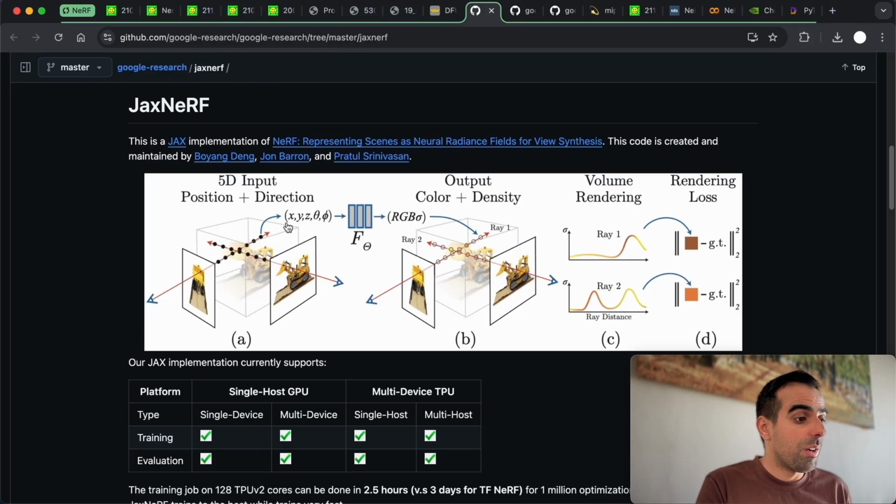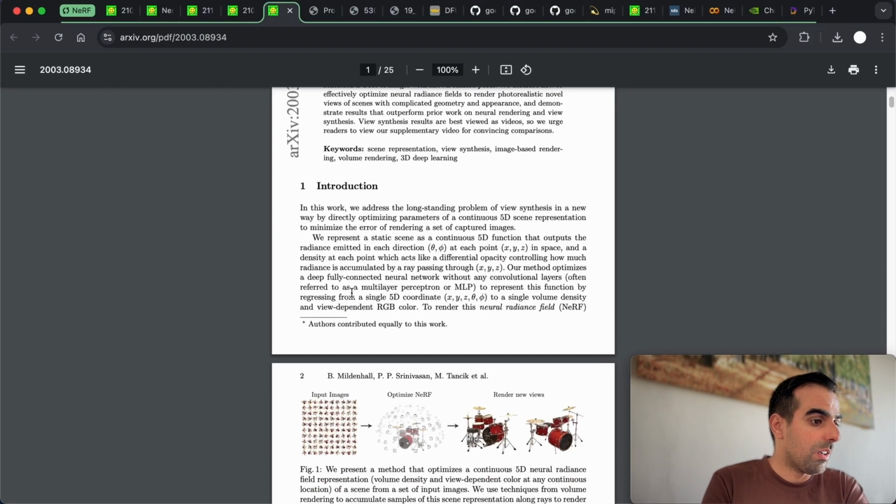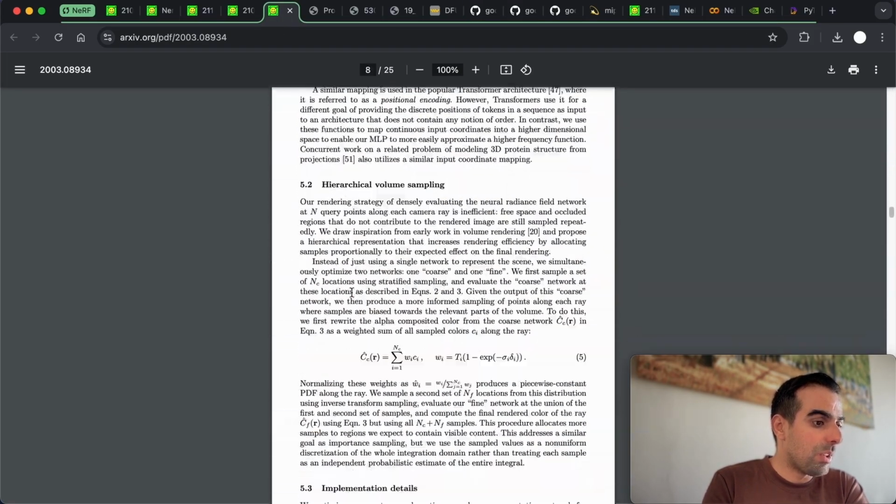So basically, you are not using all 5 inputs to predict these 2 outputs. You are predicting sigma using the position, and you are predicting the color using the position and the direction. This is clear from the architecture they provided in the original NeRF paper.